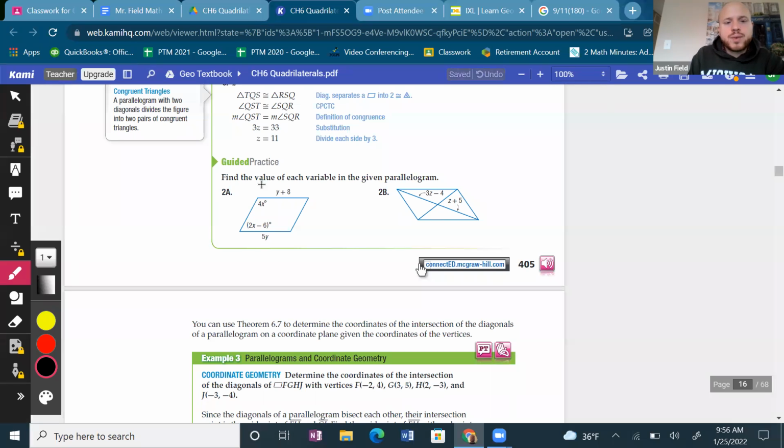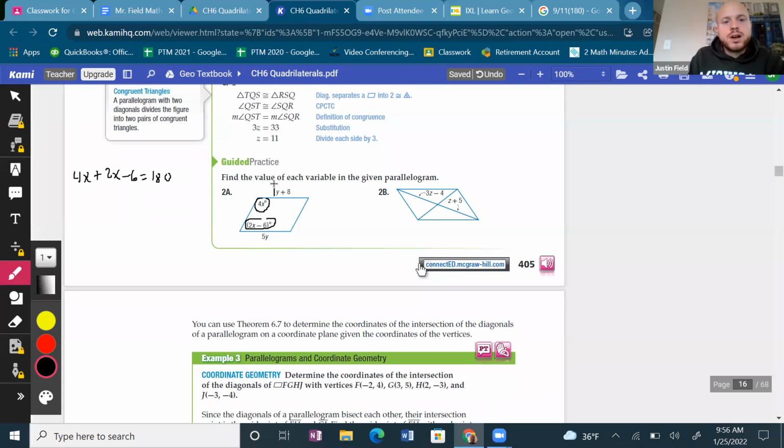So right here, we can solve for x and y. We can solve for x because we know that consecutive angles are supplementary. So 4x plus 2x minus 6 equals 180. You can do that.